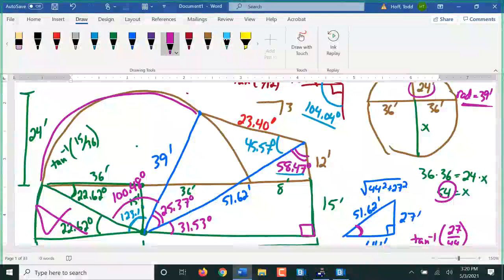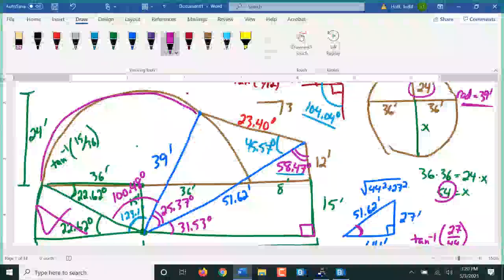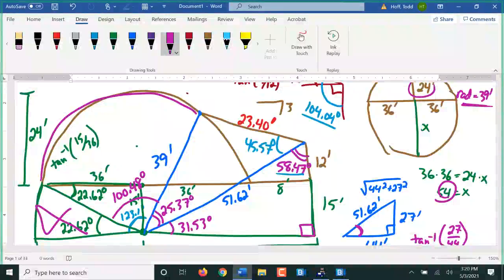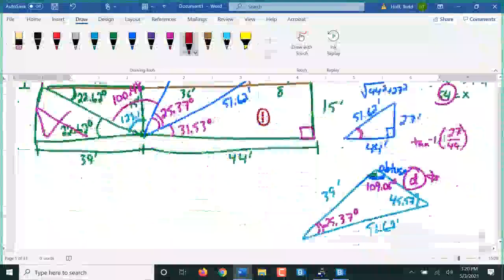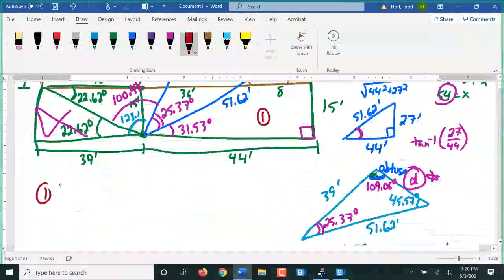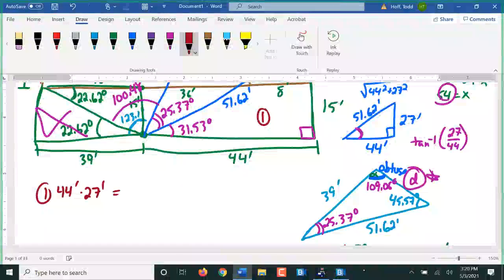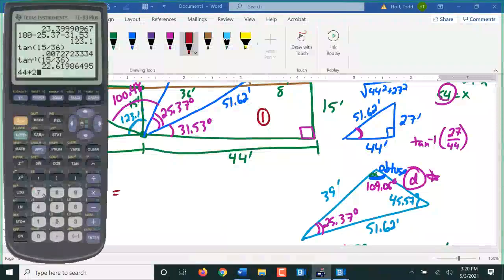So let's do the parts that we can get off of this piece. Let's find the volume. To find the volume, we need the areas. So I'm going to find 1, 2, 3 areas. And we're going to have to subtract out some areas. The area of piece 1: 44 feet by 27 feet. 1188.